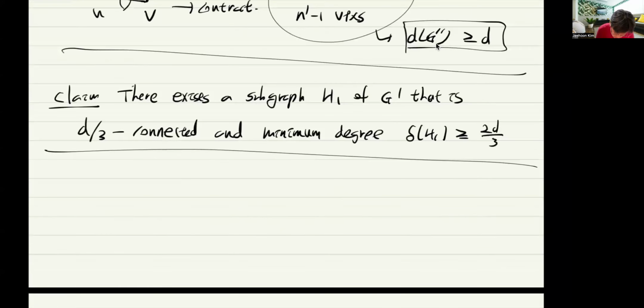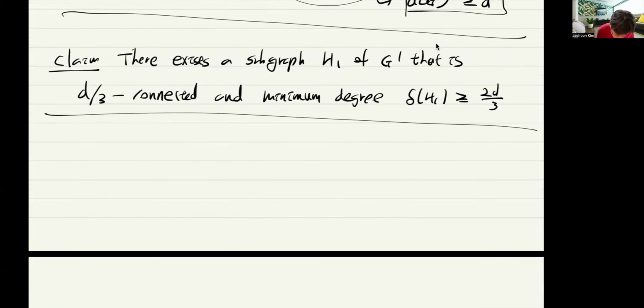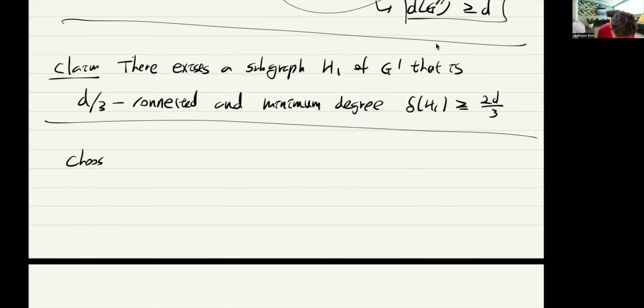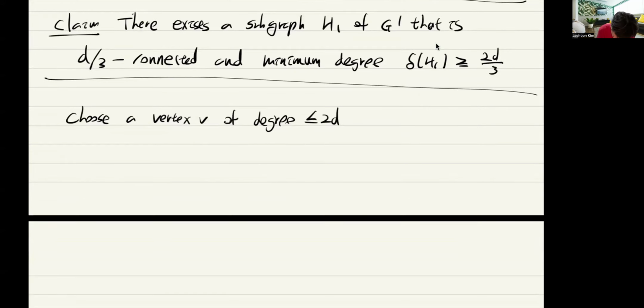How do you do it? As we have every degree at least 2D, we choose a vertex B of degree at most 2D, and consider the graph in its neighborhood. So let's say H is G prime restricted to its neighborhood.